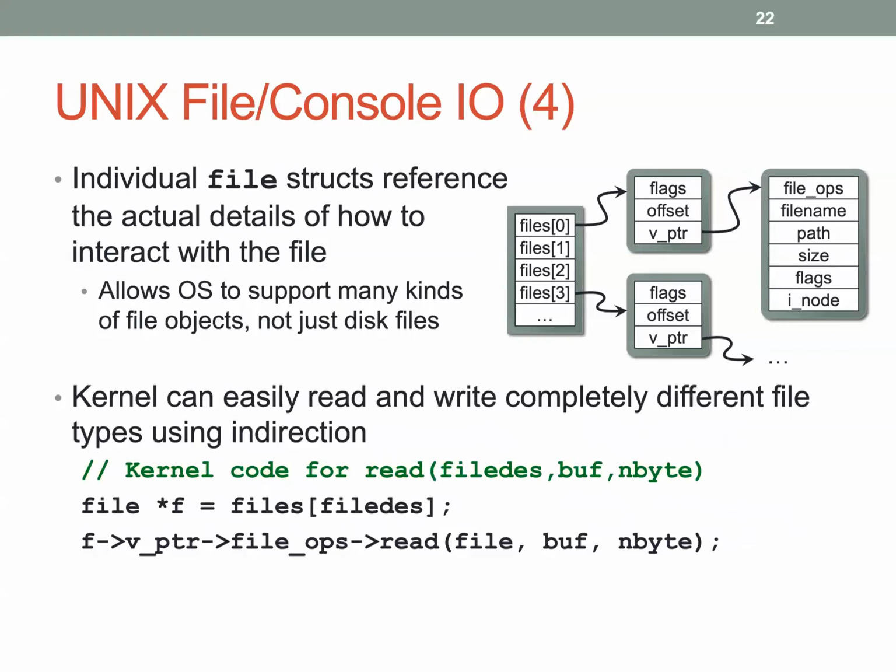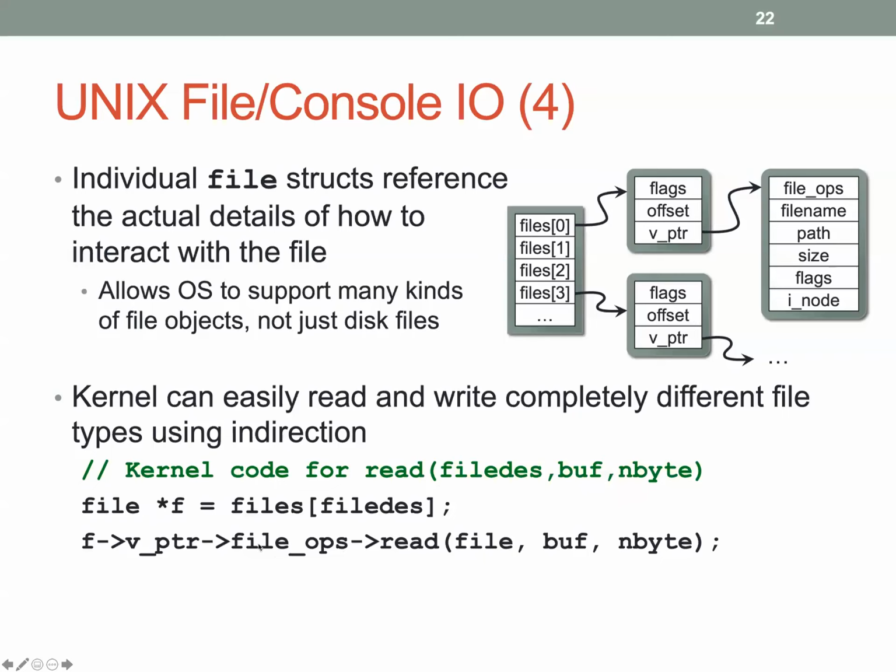So the kernel itself at the high level, like in the system call implementation, can do something very simple like this. So notice we look up in the files array. So we're at this first part. The user said they wanted to read or write on file descriptor 4. And so we just go and look up the entry for file descriptor 4. We get out the next level pointer based on whatever it points to for file descriptor 4.